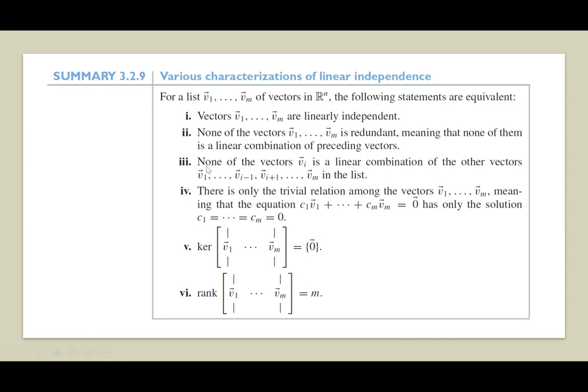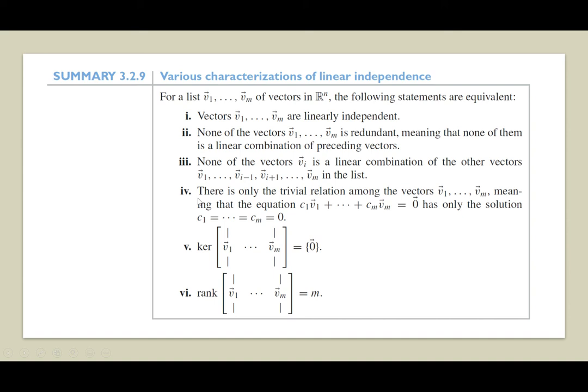It's almost just a restatement of number 2: if redundant means that no vector is a linear combination of the preceding ones, then it's not too much of a jump to see that none of the vectors can be a linear combination of any of the other vectors in the list. So 2 and 3 are really just characterizing linear independence by definition.